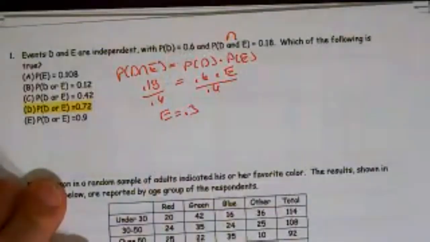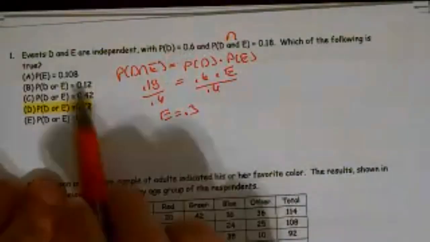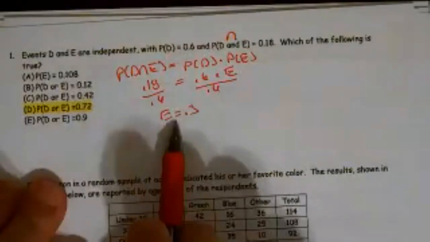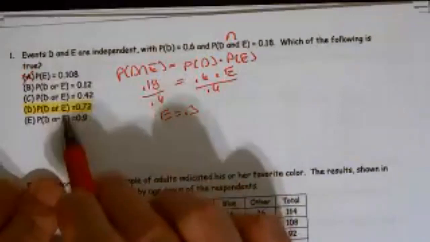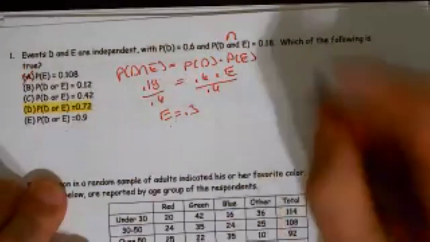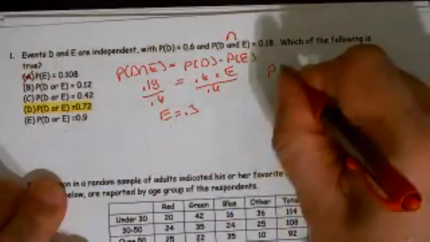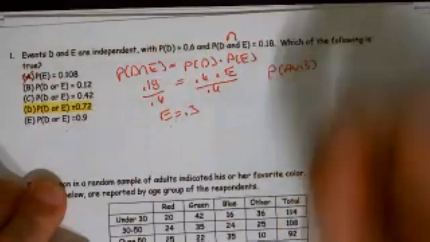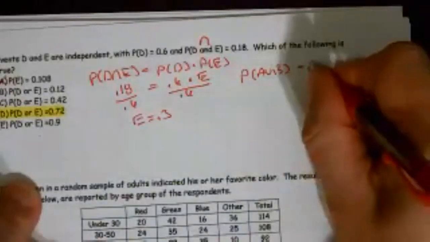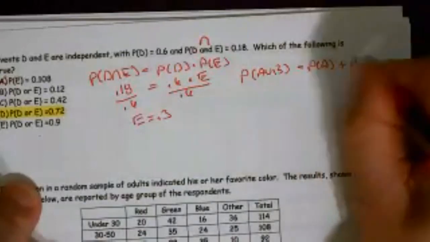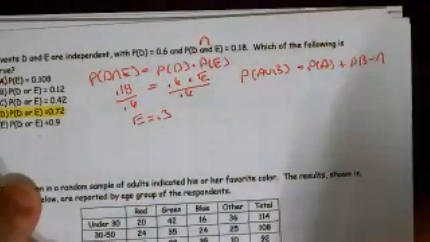Okay, so it's obviously not that. We just found out that it was 0.3, so we know it's not A. So now I see the word or. Or tells me that I'm working with this formula: the probability of A union B equals the probability of A plus B minus the intersection.